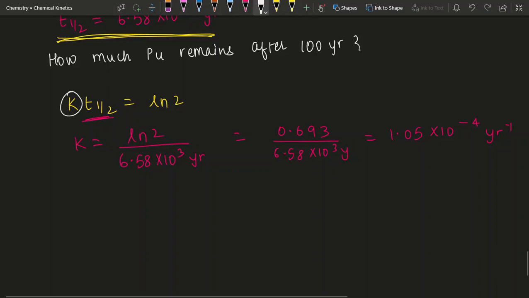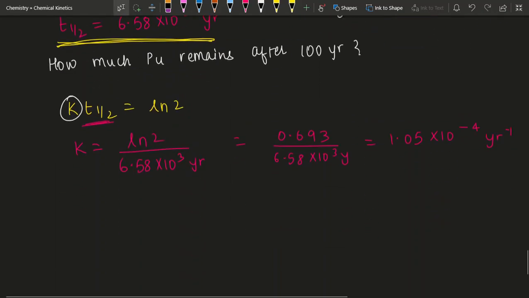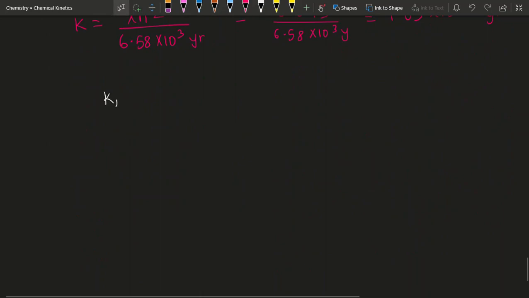Now if you want to figure out what happens after 100 years, you now have k, you have a naught, and let's just take a naught to be any arbitrary number, and you also have time equal to 100 years.